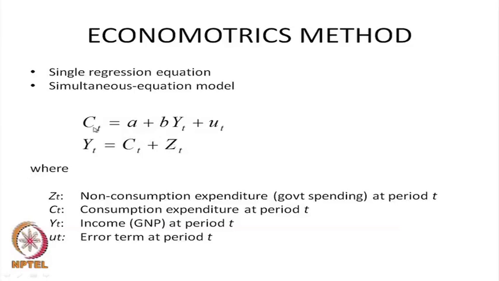You will see here that C t, the consumption expenditure at period t, is a function of y t, the income, but y t in turn is also related to C t. Therefore, it contains two equations and there is a circular causality between y and C, as you will see here.